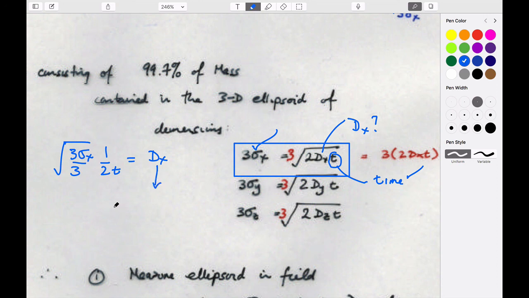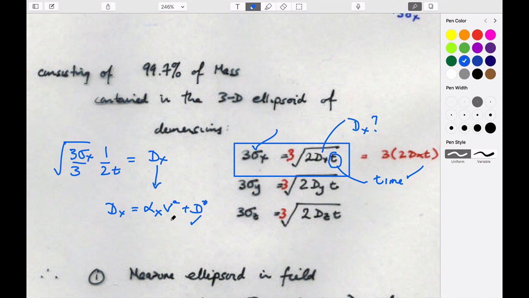And dx is equal to alpha x, or alpha L, advective velocity plus molecular diffusion.